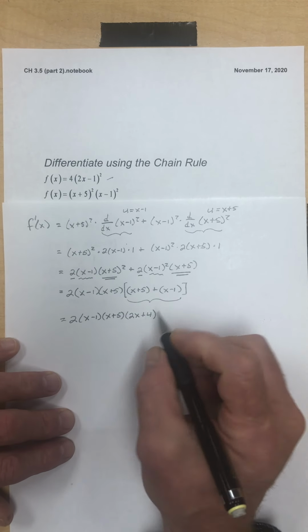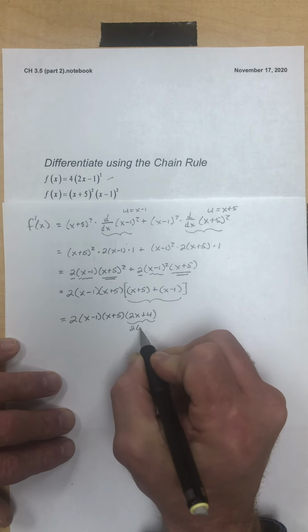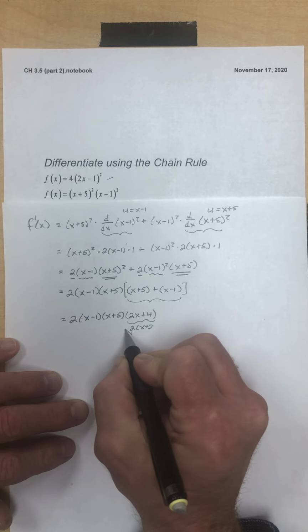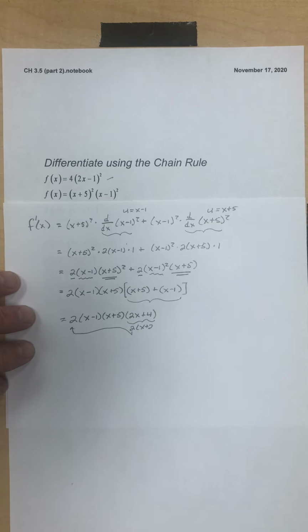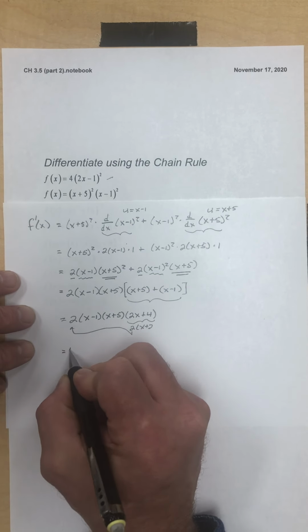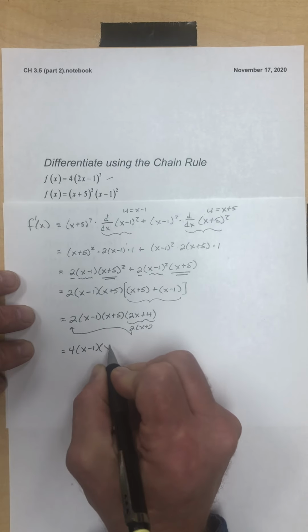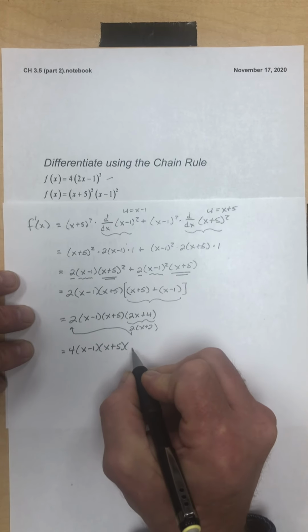Well, notice you have a GCF here, and that guy is 2 times the quantity x plus 2. So I can take this, bring them out front as another GCF. So I would have 2 times 2 out front. So I'd get 4 times x minus 1 times x plus 5 times, sorry, that'd be x plus 2.